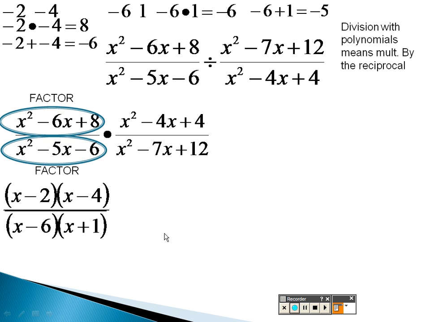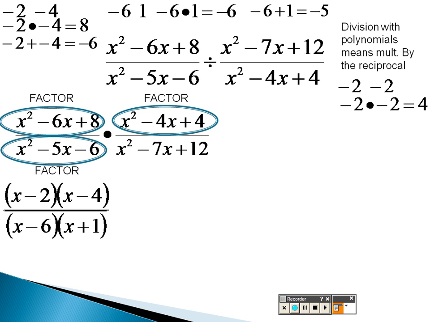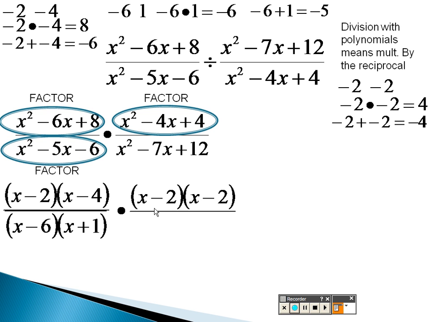Alright, so then the next one is x squared minus 4x plus 4. So what two numbers multiply to give you 4 that also add to give you negative 4? That's negative 2 and negative 2, because negative 2 times negative 2 is positive 4. And negative 2 plus negative 2 is negative 4. So that factors into x minus 2 and x minus 2.